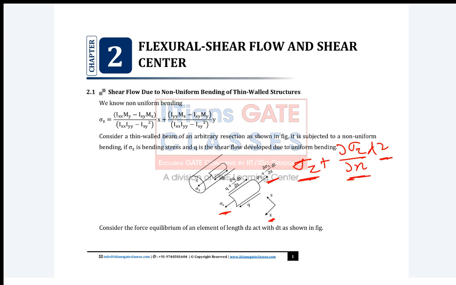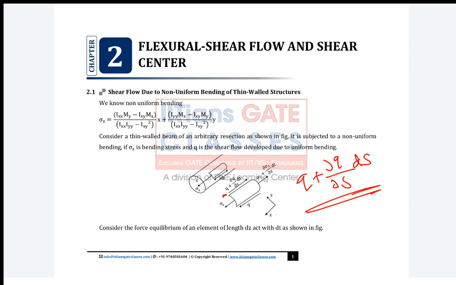Same way, suppose my flow on this side is q, and along the curved coordinate s it will be q plus dou q by dou s into ds. So this is the variation.